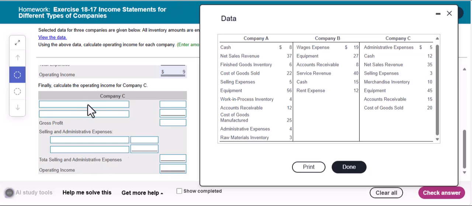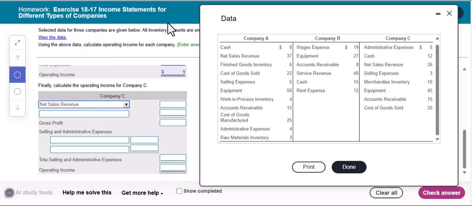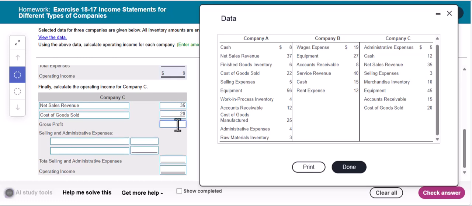So we start with sales revenue, and that is 35 million. And then we have to subtract the cost of goods sold. So I've got cost of goods sold here, and then it's been calculated here for us for 20 million. And so we subtract the cost of goods sold from the net sales revenue to get gross profit. So that is going to be 15 million in gross profit.